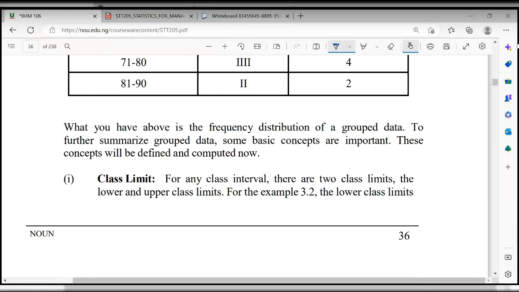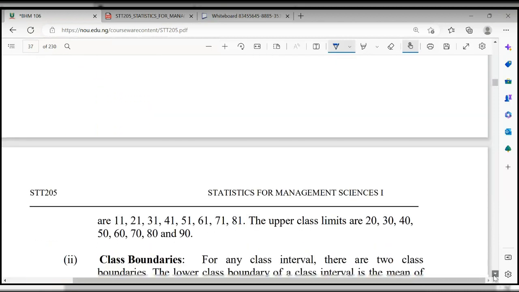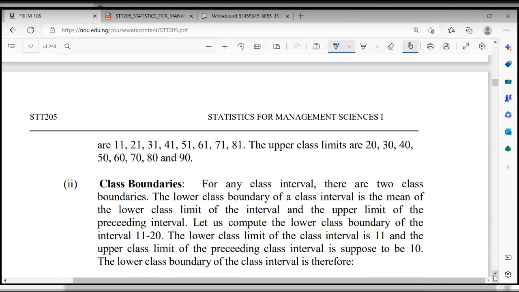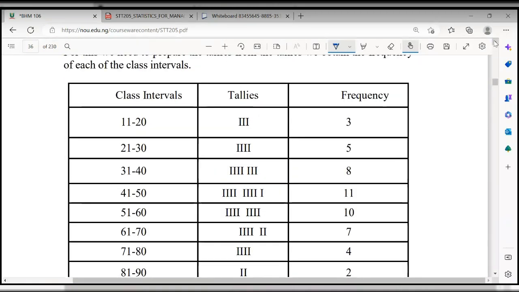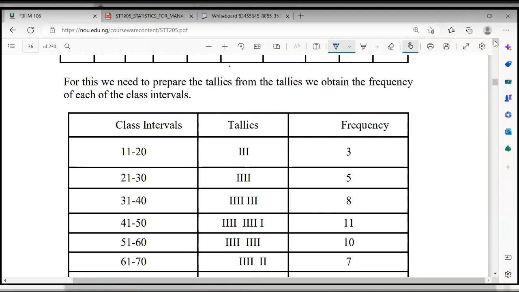So this one here, 11, 21, 31, all of them are the lower class limits.